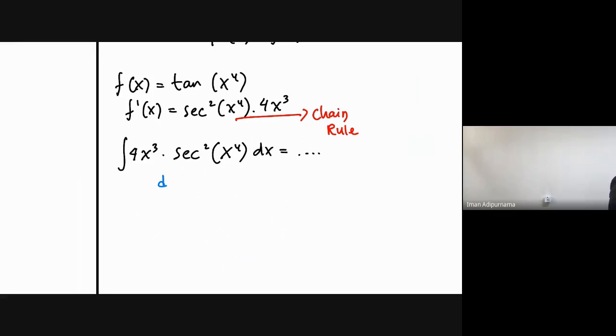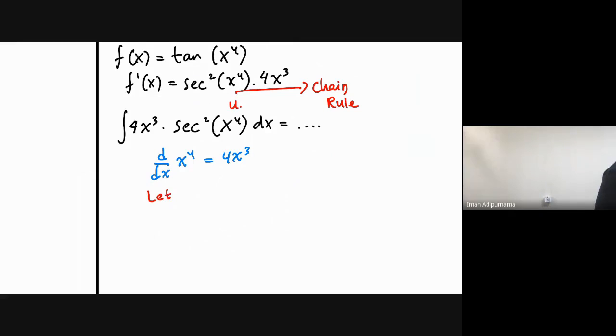So let me write here: d/dx of x to the 4 is 4x cubed. So if I substitute x to the 4 with something, maybe u, let x to the 4 be u, then du is 4x cubed dx.